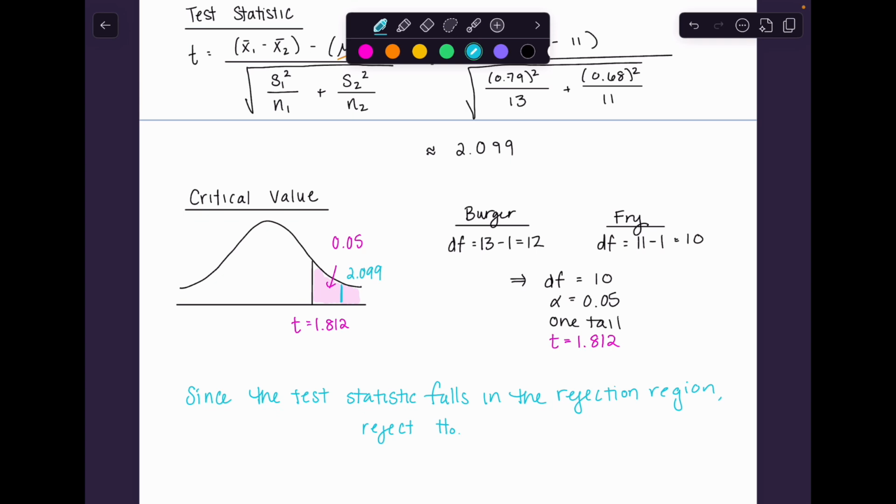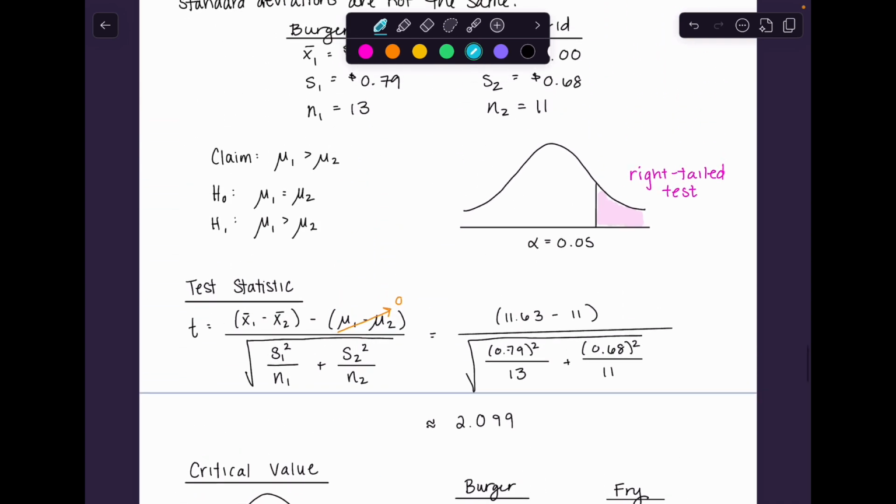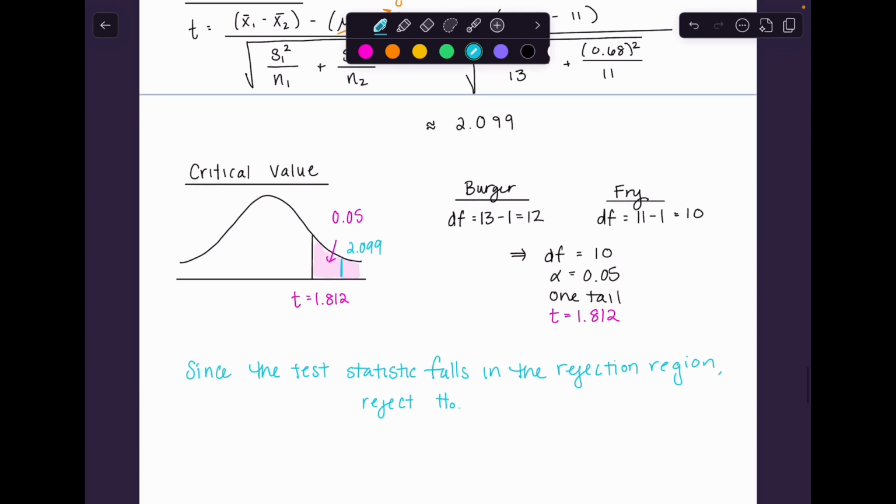And the null hypothesis is that these two are equal to each other. So that means there is enough evidence to support the claim, which is that the mean value at Burger Stop is more than the mean value spent at Fry World. So the magazine was making a fine claim.